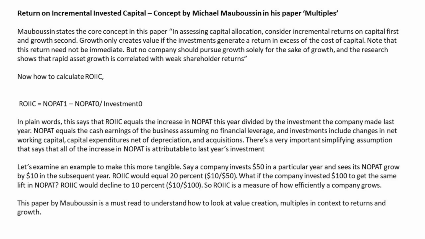The core concept in the paper is, in assessing capital allocation, consider incremental returns on capital first and growth second. Growth only creates value if the investments generate a return in excess of the cost of capital. Note that this return need not be immediate, but no company should pursue growth solely for the sake of growth, and the research shows that rapid asset growth is correlated with weak shareholder returns.